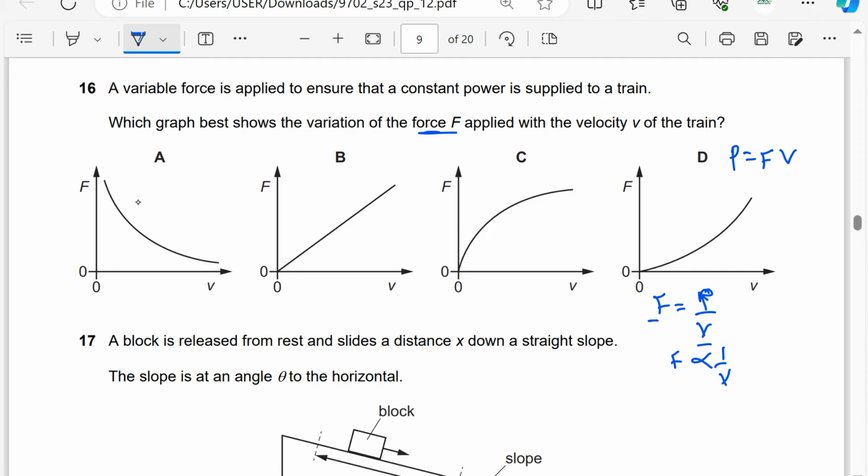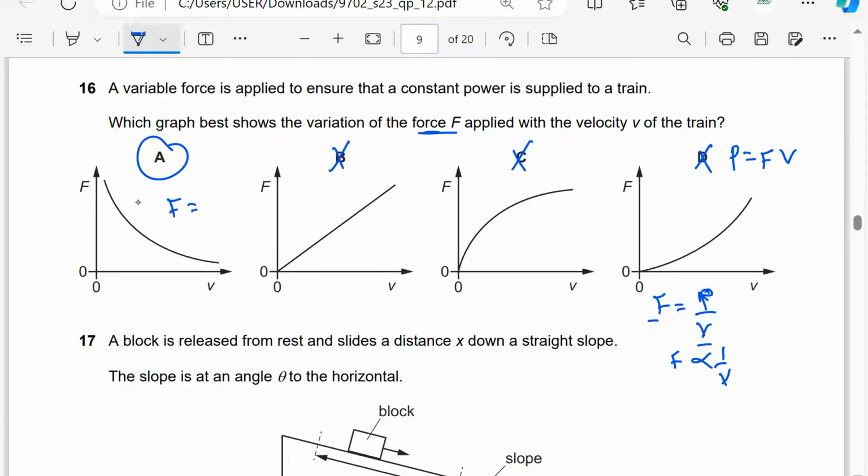As v increases, F should decrease. So this one is wrong. This one means F is directly proportional to v, which is not true. This one is wrong. It is showing that as v increases, F also increases, and then it becomes constant, which is wrong. This one is also wrong. So the answer is this one here.